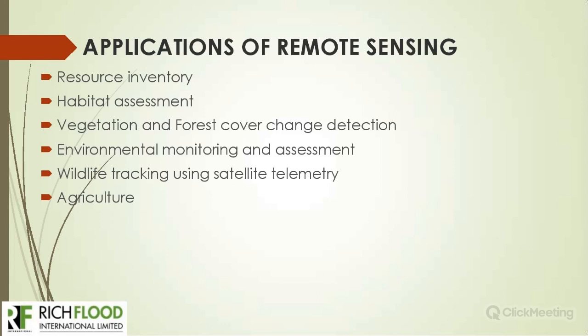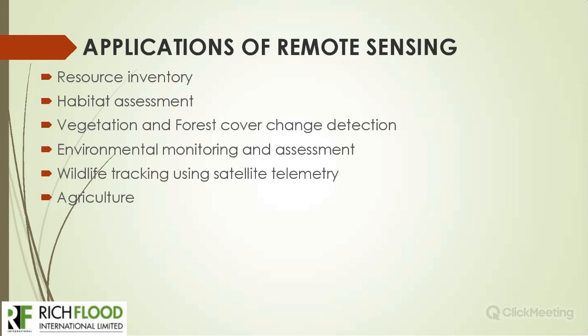In the next training, we are going to look in detail at the various ways this technology is applied in the management of the environment. A few of them that I've listed here include resource inventory, trying to carry out an inventory of resources within an area; habitat assessment, what is the quality of the habitat within an area; vegetation and forest cover change detection, how has the forest cover changed with time.